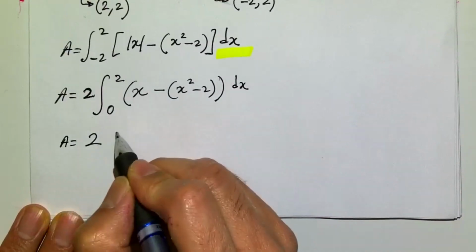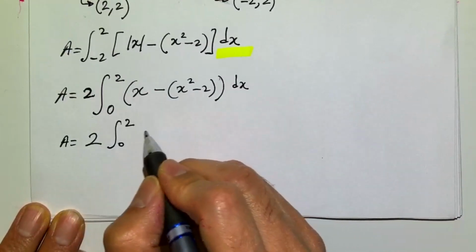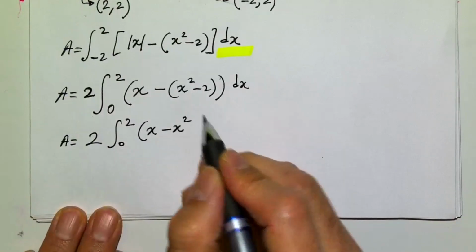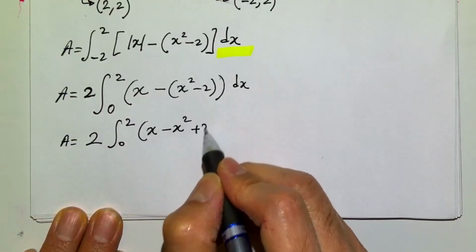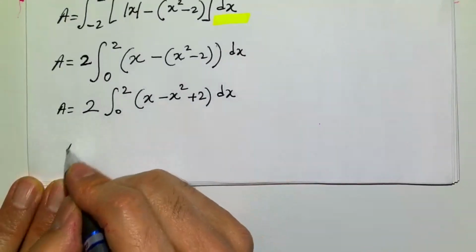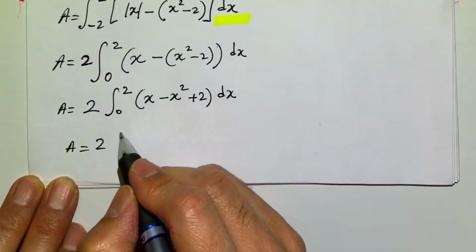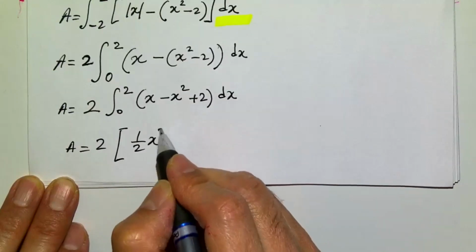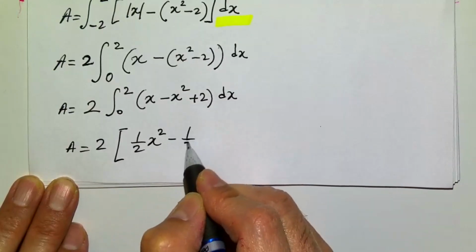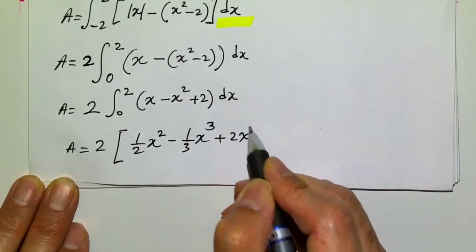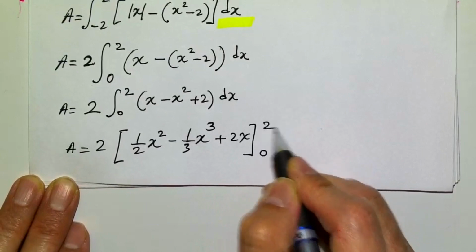A equals twice the integral from 0 to 2 of x minus x squared, minus times minus positive 2, dx. And then, of course, A equals twice. Integrate this expression, we have 1/2 x squared minus 1/3 x cubed plus 2x from 0 to 2.